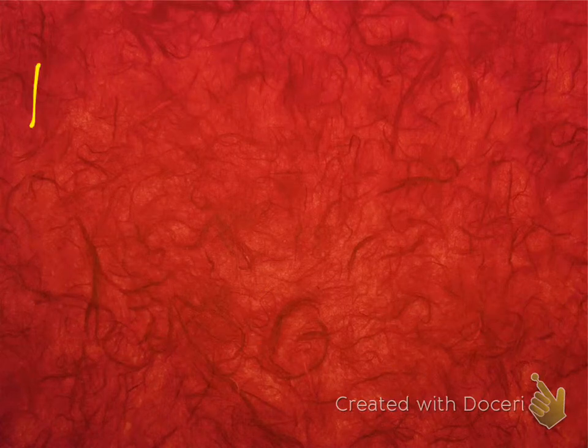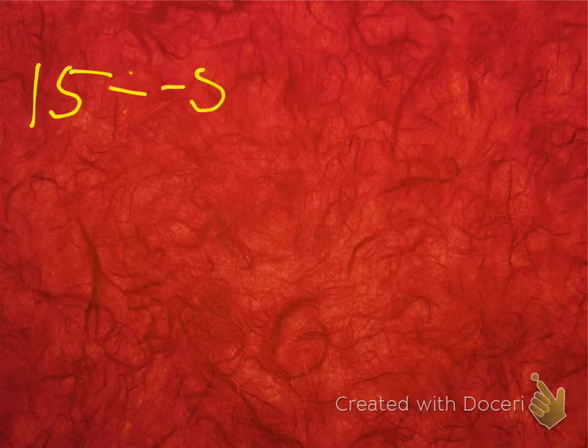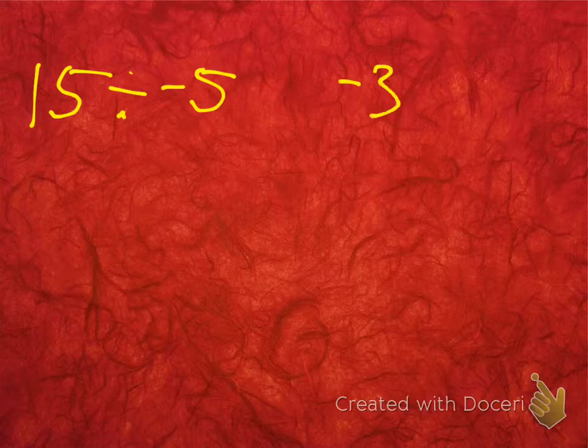All right? Now, let's do some examples here. Let's say 15 divided by negative 5. Let's say negative 3 times negative 10.